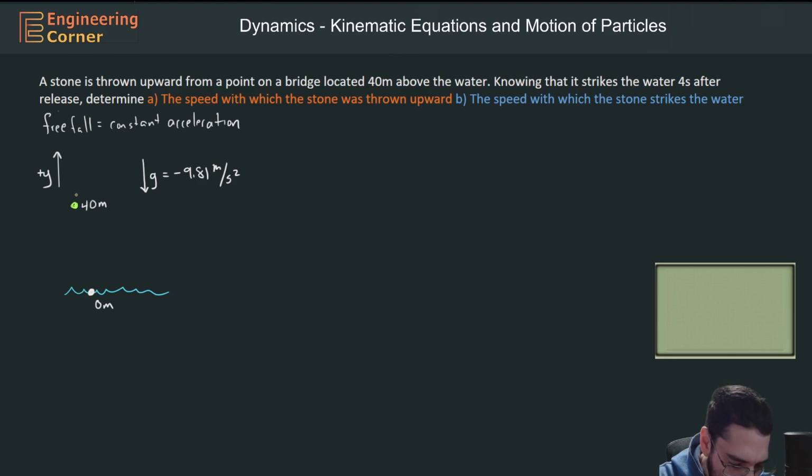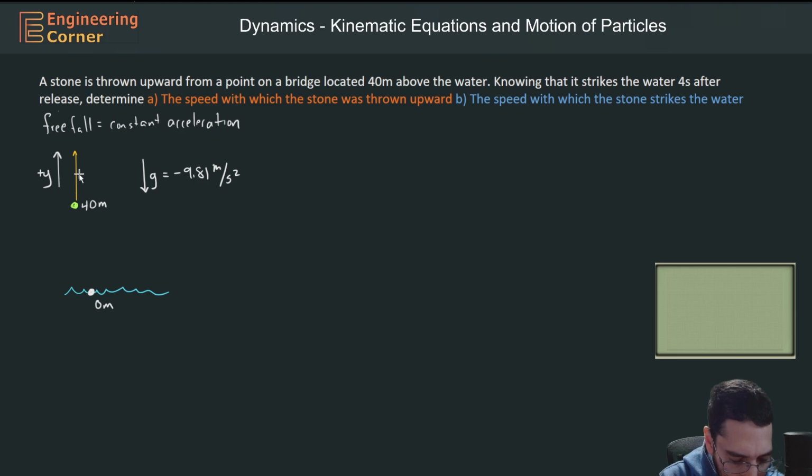So again, we throw it upward. So it has an initial velocity. We don't know what our initial velocity is. We're trying to find that, the speed at which the stone was thrown upward.